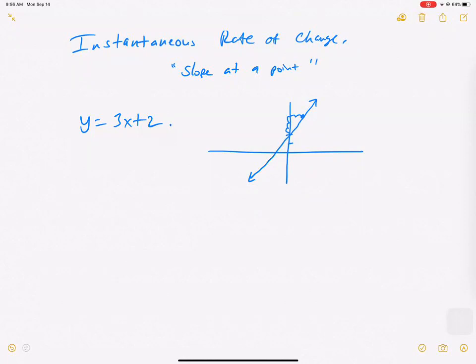Okay, sorry about that. So, my question for you, at any point on this line, what is the slope? What is the change going on? I would liken this to the stock market. If you ever see the stock market, you see it go up and down.